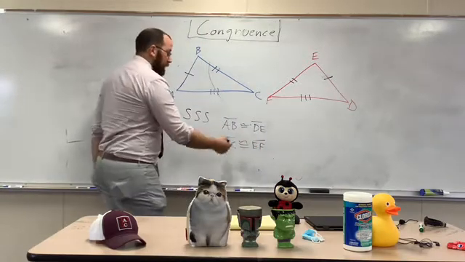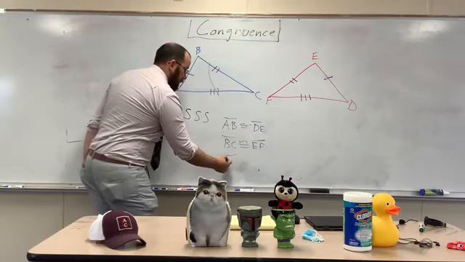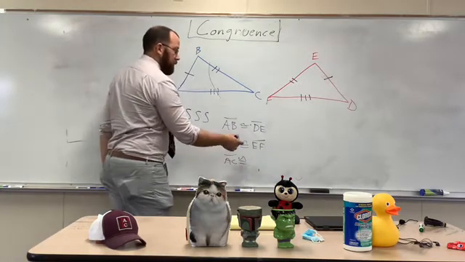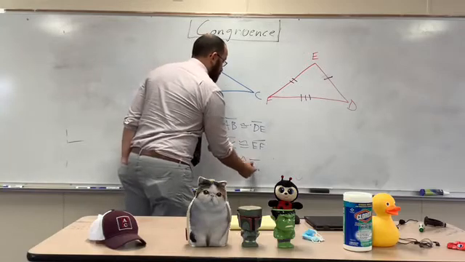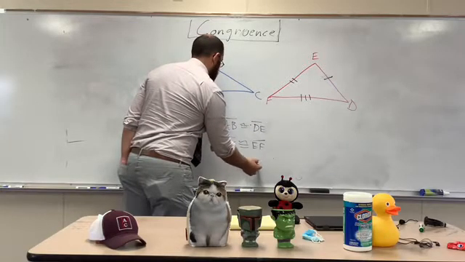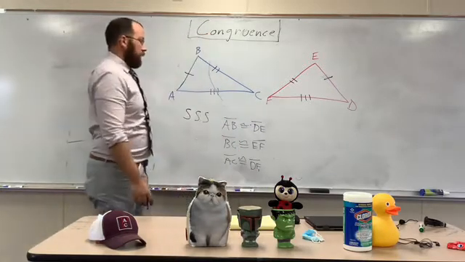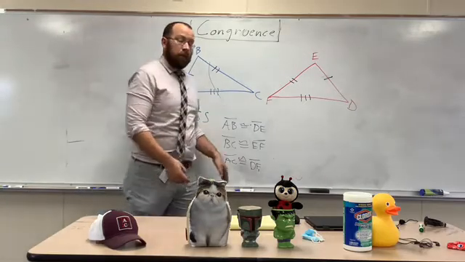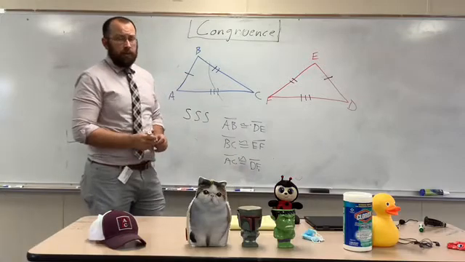All right, and you get it. And the last one would be AC is congruent, I know my congruency signs are backwards, sorry, line segment DF. All right, so side, side, side, all 3 sides are congruent, and that's how it'd be written. And that's what you have to prove.